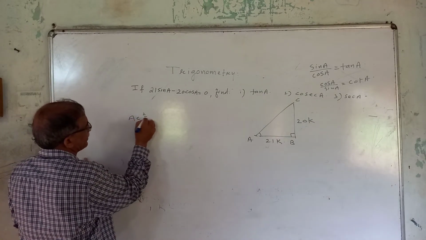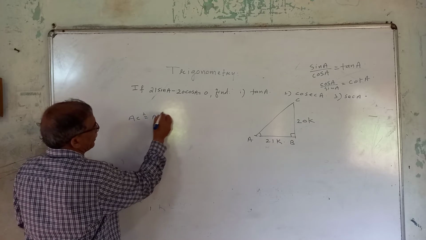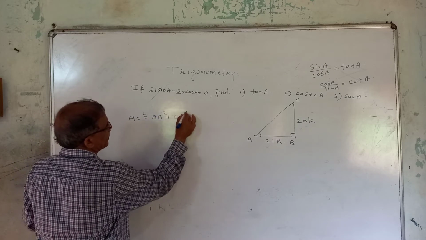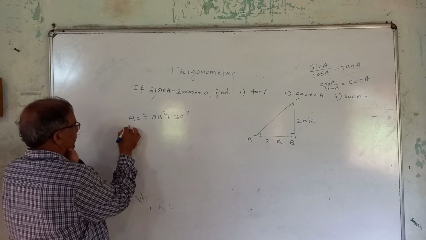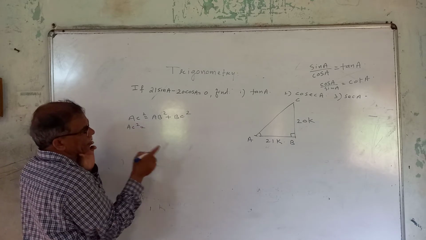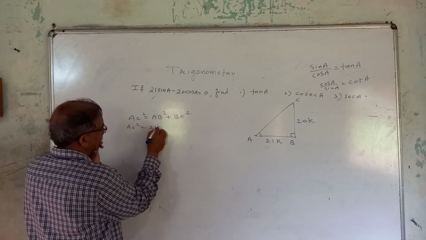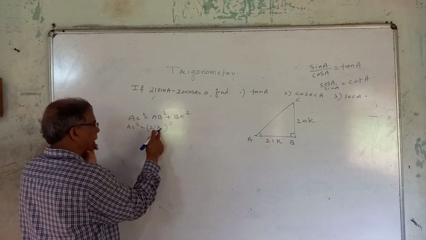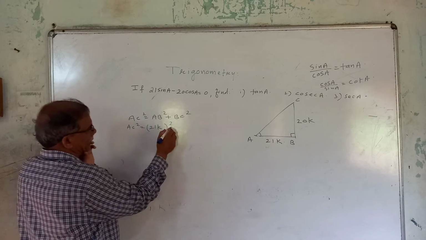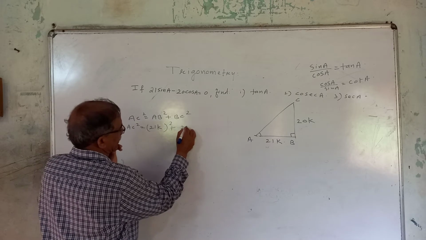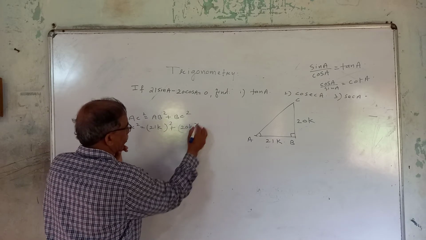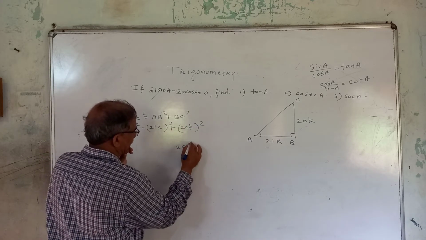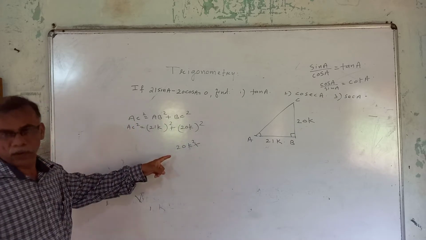So AC square is equal to AB square plus BC square. So AC square is equal to 21K whole square, remember this, plus BC square, 20K whole square. Don't write 20K square, this is wrong. Okay?